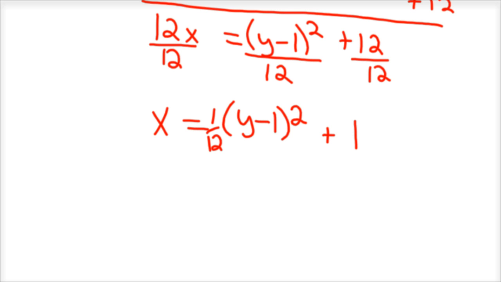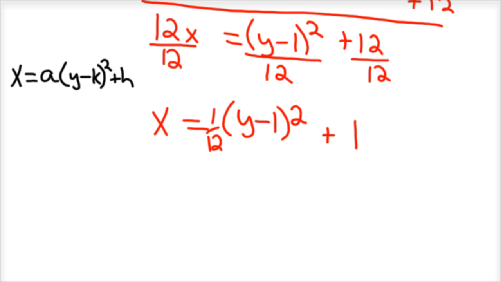So what that does for me then, I didn't put the general form down, but the general form for this particular equation is x equals a times y minus k squared plus h.